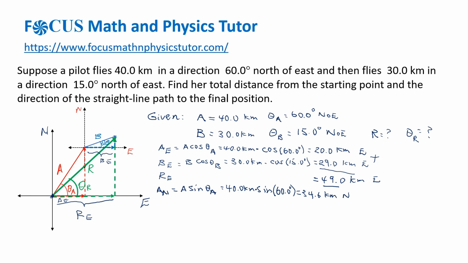What about B in the vertical direction, or B in the north direction? It will be B sine theta B. 30 kilometers multiplied by sine of 15 degrees.